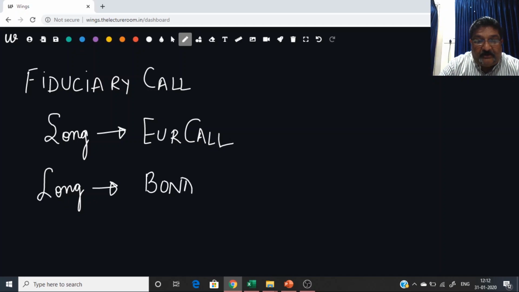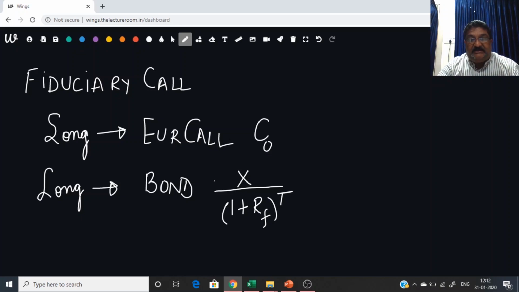Okay. Now, the price of the call option I am going to denote as C0. That is my price today. And the price of the bond I am going to denote as X divided by 1 plus RF raised to the power of T. Now let us understand the meaning of each of these.